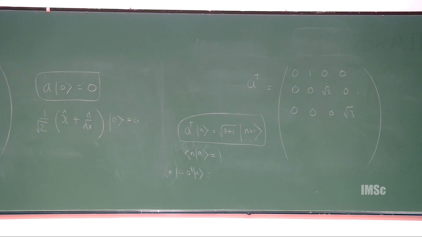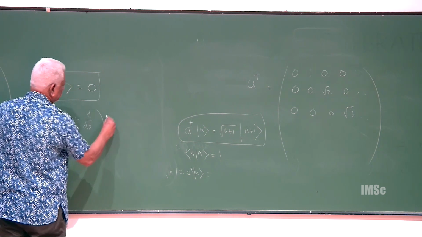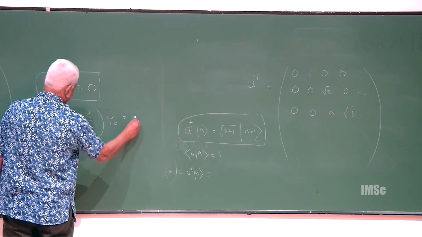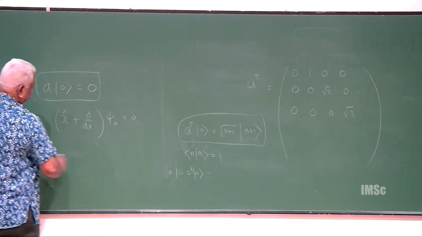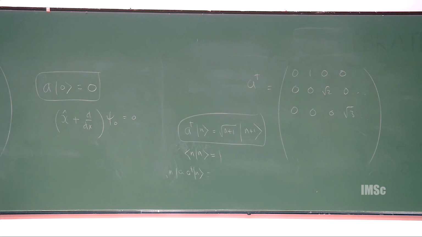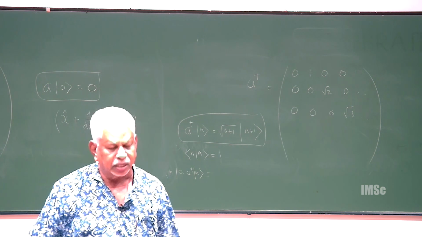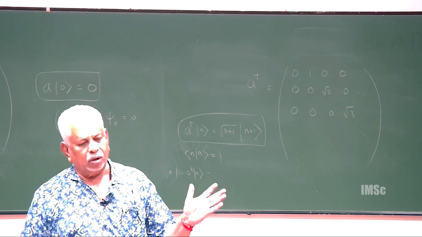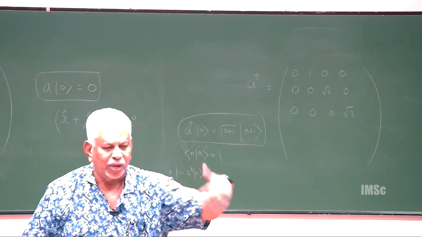And this is what I will call psi 0, the ground state. You don't need this root 2 here. This is a simple differential equation. It will be x psi plus d psi by dx, or d psi by dx is equal to minus x psi.